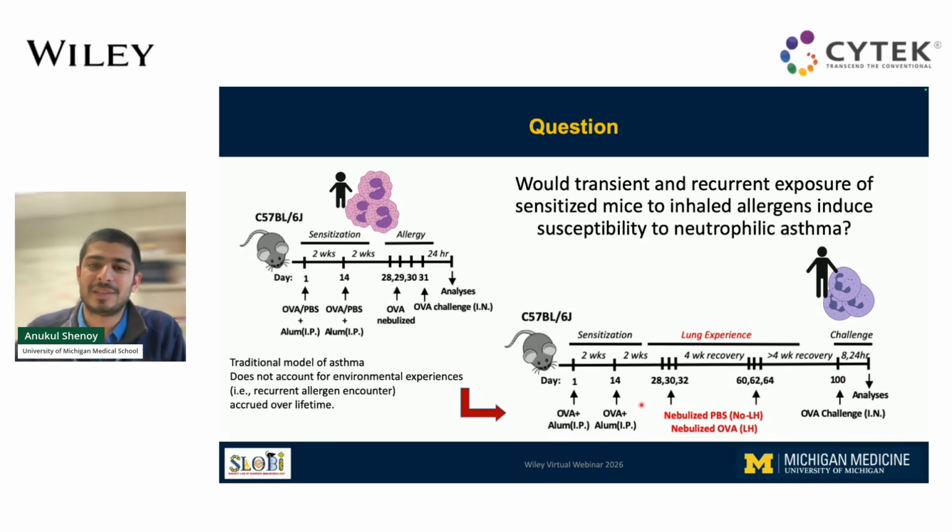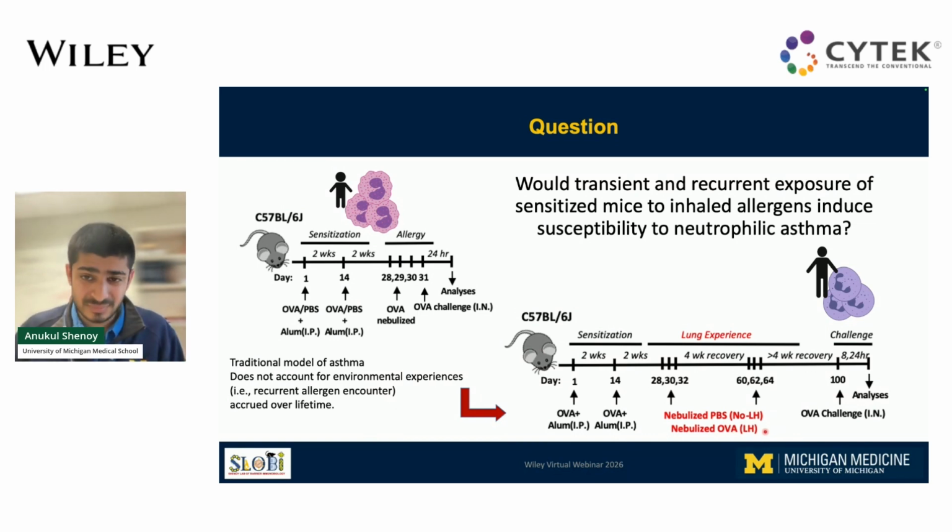And one of the things I will bring up here is every single mouse that you're going to see from here on has always been sensitized to O-albumin, which means that every single mouse has circulating T cells that are responsive to the allergens. The only thing that is different about these mice is some of them have gotten nebulized PBS, which means they have no lung history, which is why we call them the no LH mice, or they have nebulized O-albumin, which means they have a lung history, equivalent to what we would think of as an adult lung, if you will.